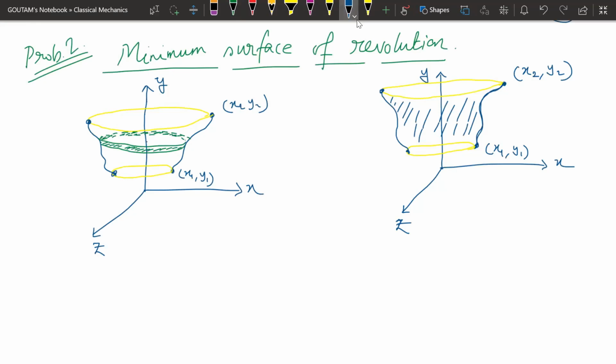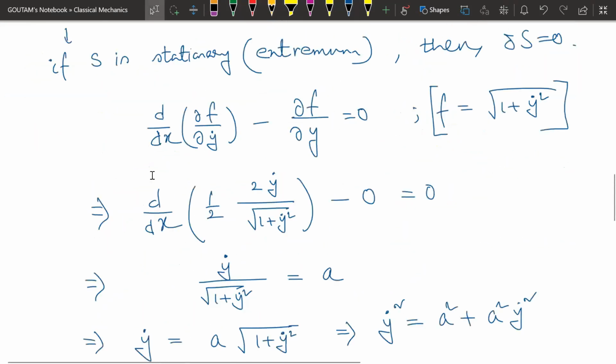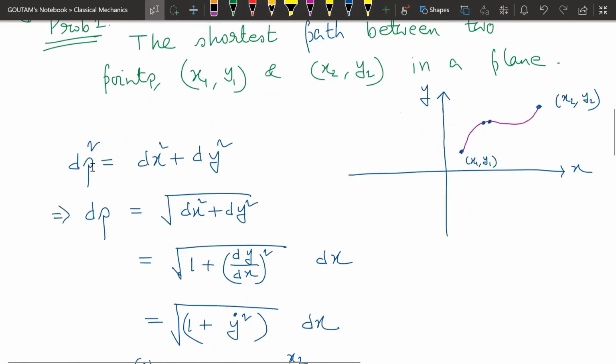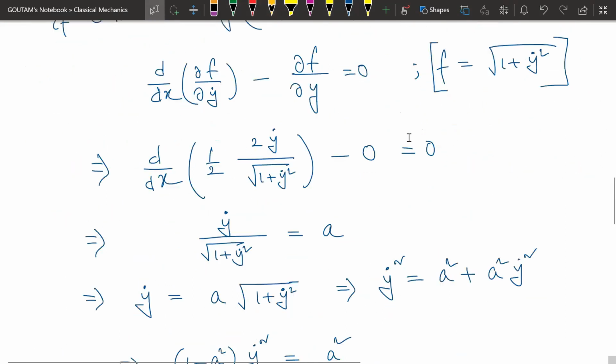So if the distance of this strip from the y-axis is x, then the area of this strip, let's define it by dA, because we have already used ds to define the distance between 2 points.